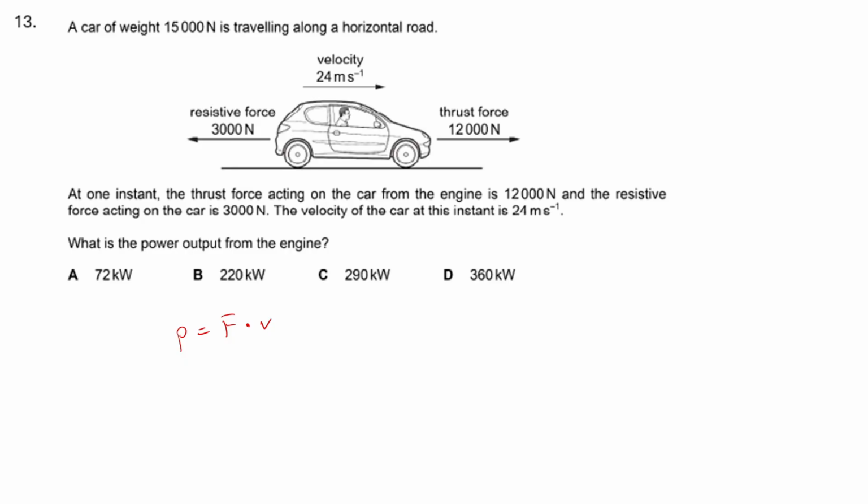Just trying to make sure that they give us resistive force and the weight of the car, whether or not that information is actually important and factors into the actual question, right? So I think this is the main idea that we're using.